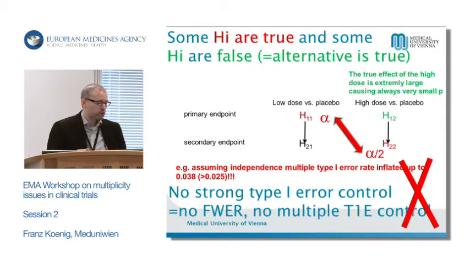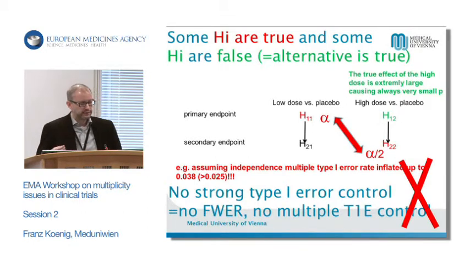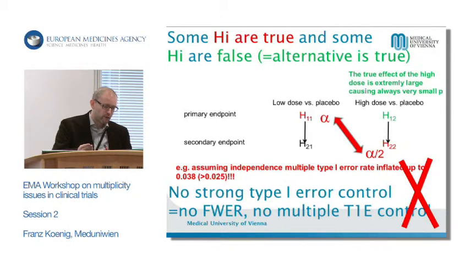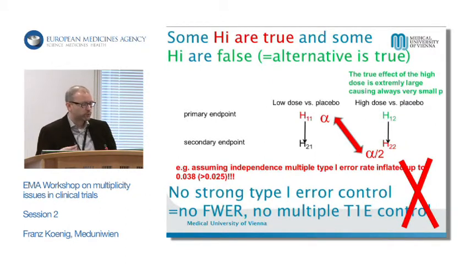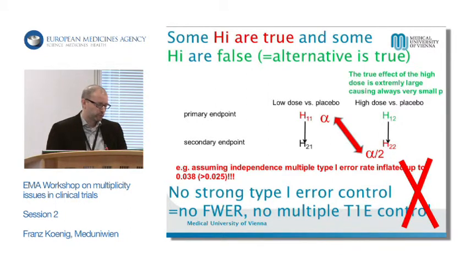And now if we assume independence between the primary endpoint of the low dose and the secondary endpoint of the high dose, which is a reasonable assumption to start with, that two different endpoints in two different groups are independent, then we can show that the multiple type 1 error rate is actually inflated up to 3.8%, which is slightly larger than 2.5%.